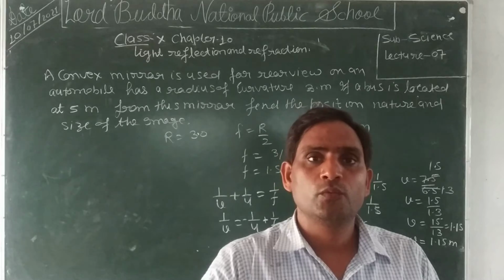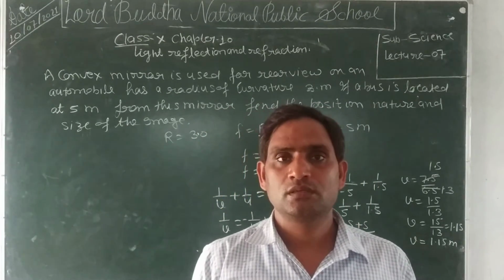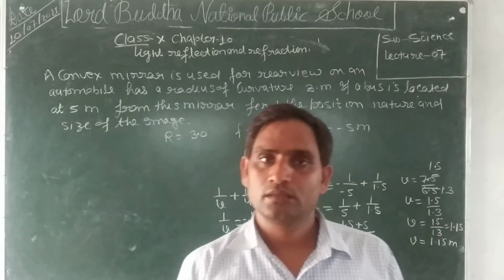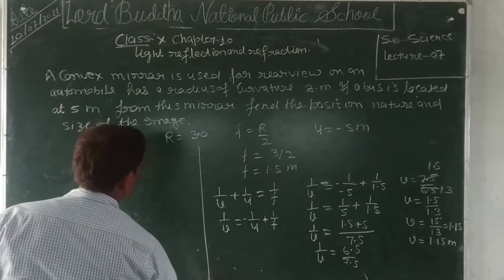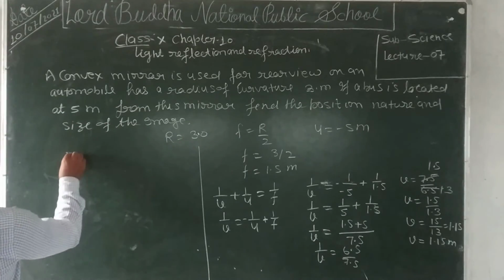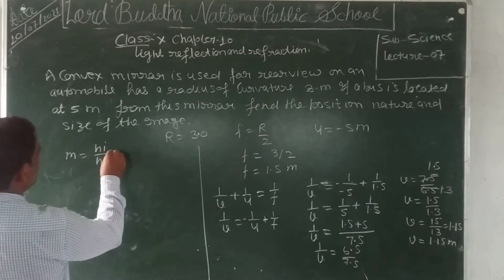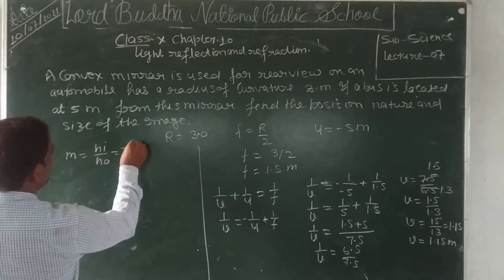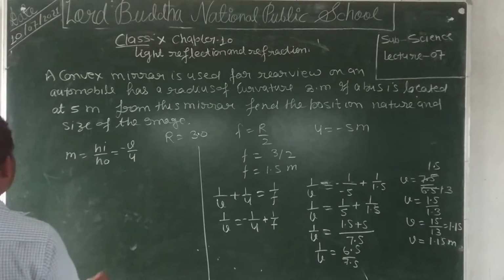Hence we will calculate the magnification, how many times it will magnify. Clear? Now we know the magnification m equal to hi upon ho equal to minus v upon u.